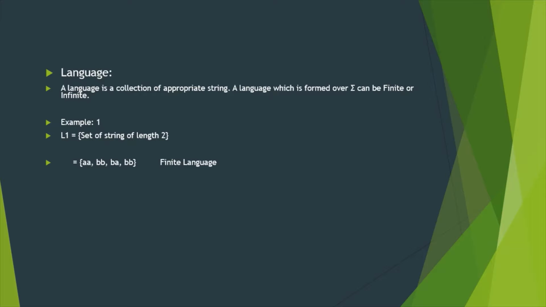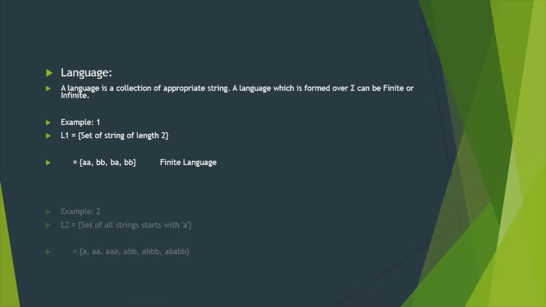The first thing we can conclude is that the strings will be of finite length, because whatever string we produce is of length 2. So AA, BB, BA, AB are all the possible strings we can produce in this language.